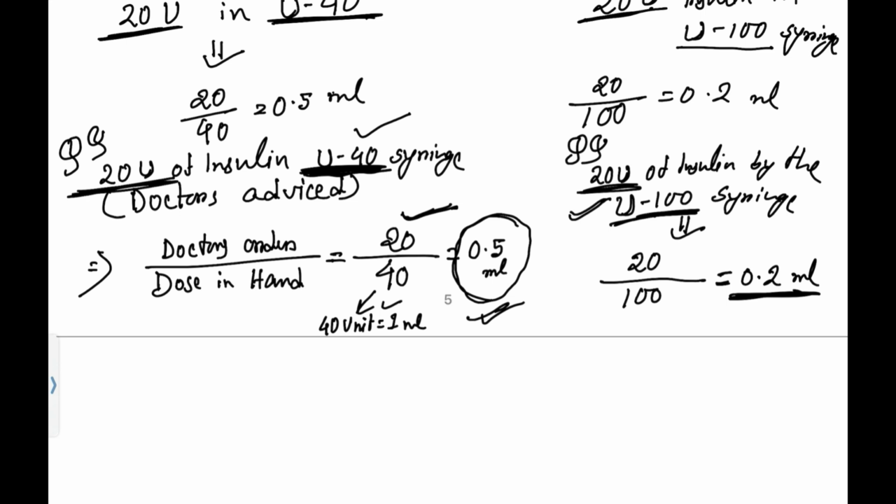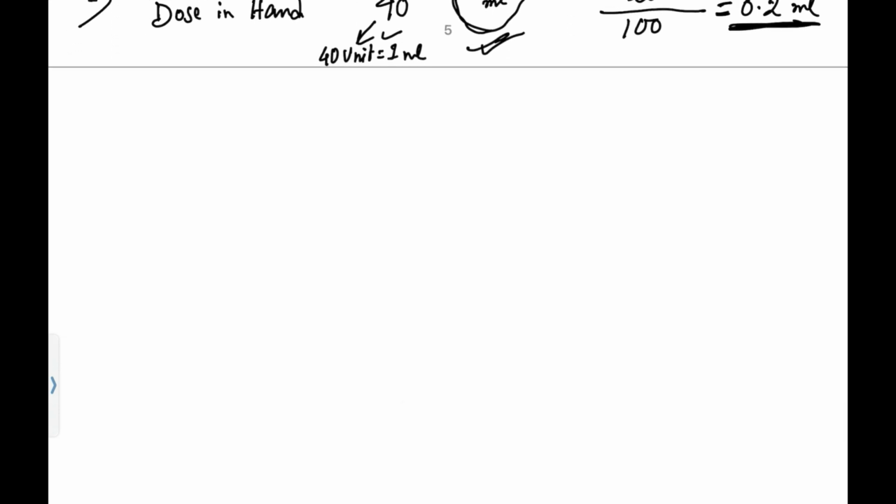Understood? So whenever you are giving insulin to a particular patient, always match the doctor's order with the syringe you will use. Okay, understood? Now practice some MCQ from this topic.